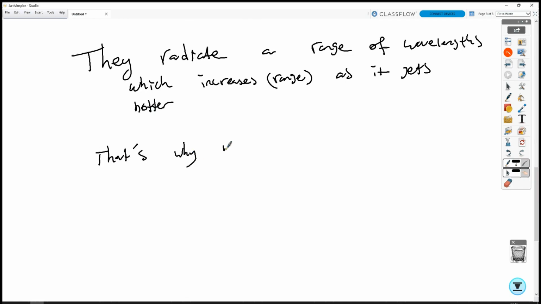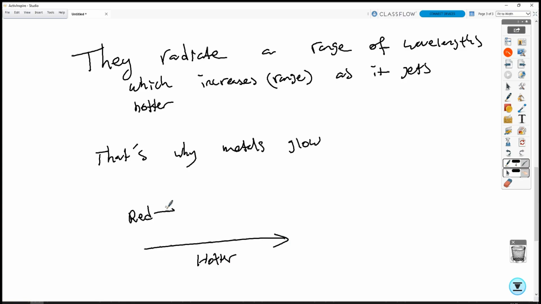That's why metals glow in this order. So as it gets hotter, it goes from red to yellow to white, at which point it's emitting all wavelengths of visible light.